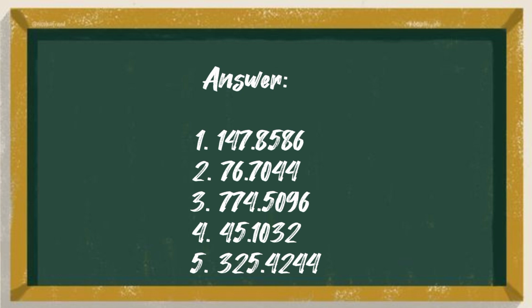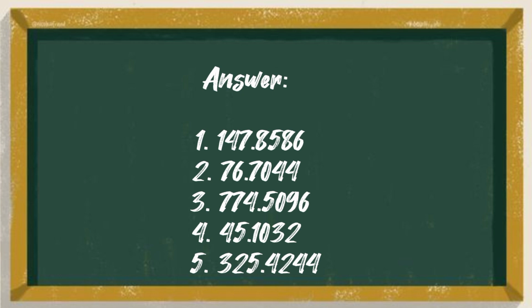So the answer is, the sum is 147 and 8,586 10 thousandths. For number 2, the difference is 76 and 7,044 10 thousandths.